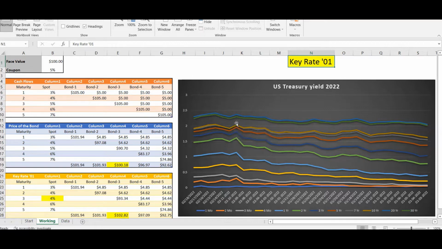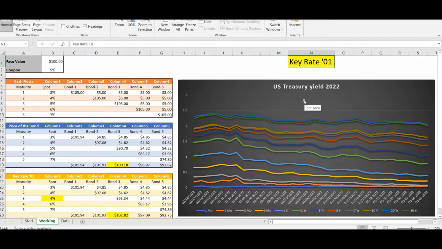From 10 years onwards, again the change is not that high. So in the in-between tenors, on Feb 10, the rate move was relatively higher than at the short-term and long-term tenors. That gives rise to the concept of key rate duration, wherein portfolio managers observe which are the key rates that are driving the risk of the portfolio.